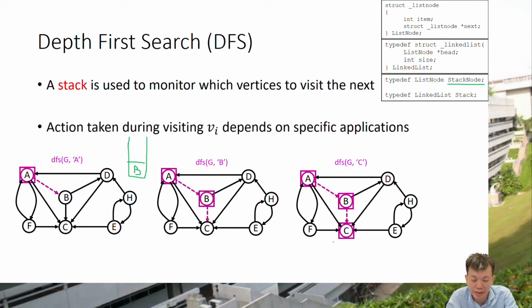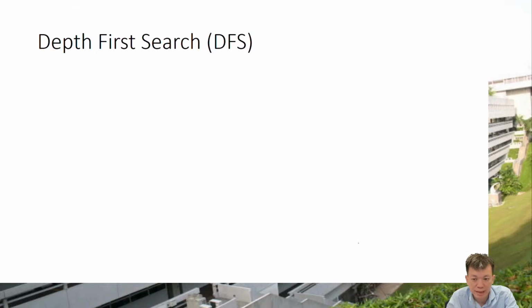I push it into the stack and mark it as visited. In my stack there's B. Then I find that B also has a neighbor C, so I push C into it and mark it visited.